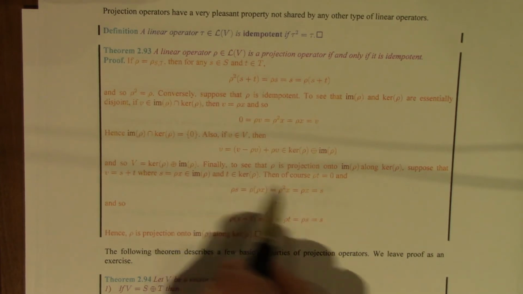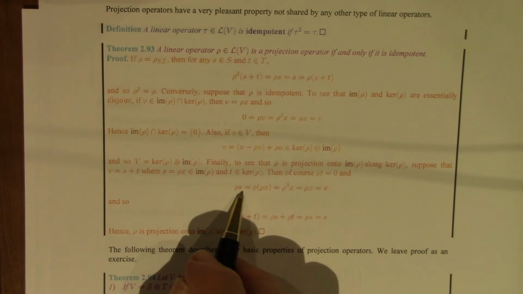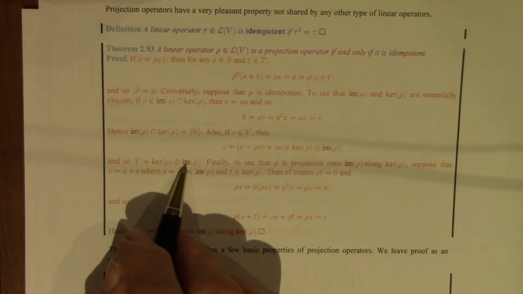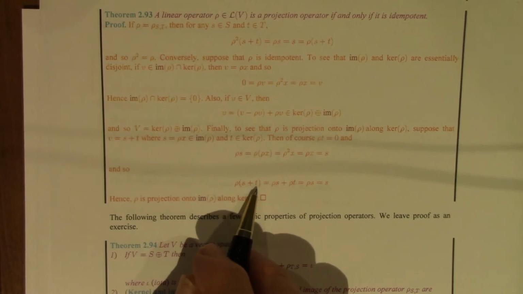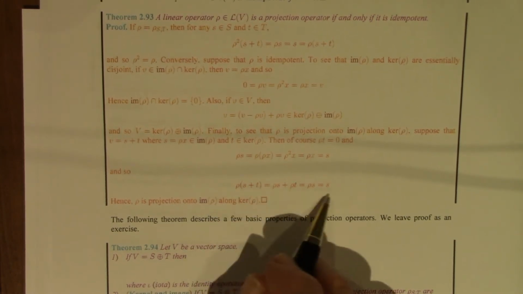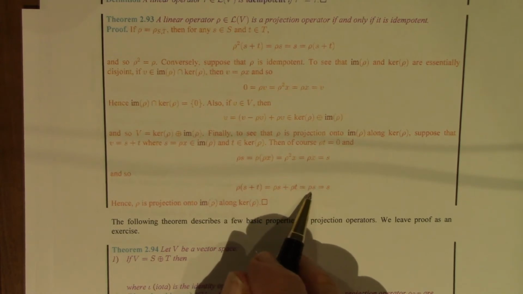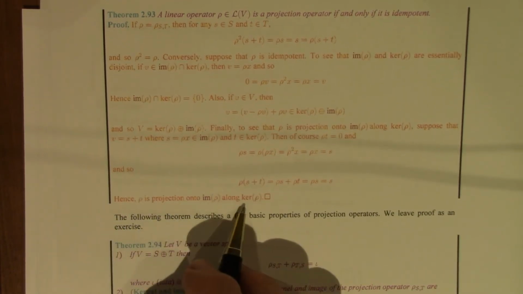So ρ maps s to itself. Any vector in the image is mapped to itself, and any vector in the kernel is mapped to 0. So ρ of s plus t will just be mapped to ρ of s, or s. So ρ is projection.